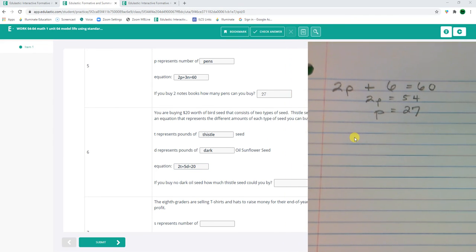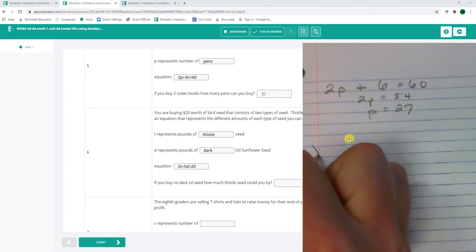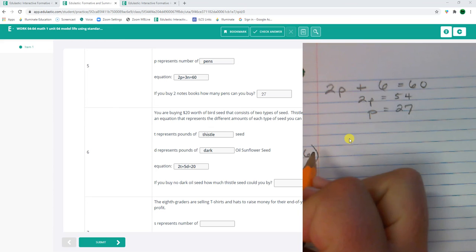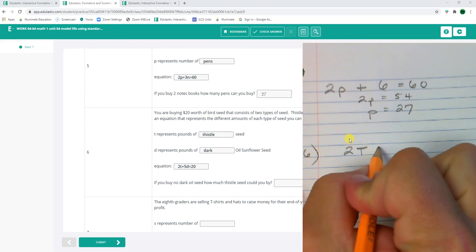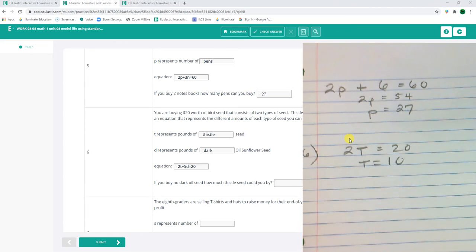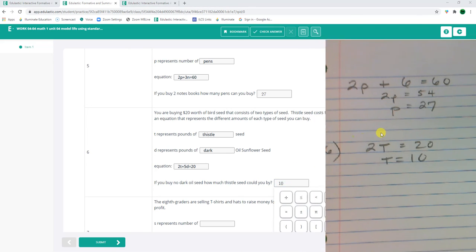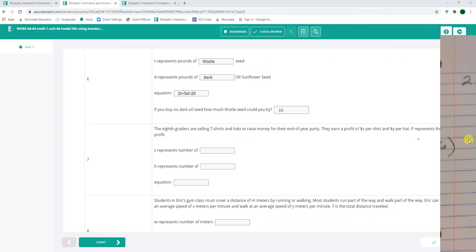And let's do the equation for 6. If you buy no dark oil seed, it's going to be $2 times thistle seed equals 20. So I could buy 10 pounds of thistle seed. I'm not going to check that yet. We'll check it all at once.